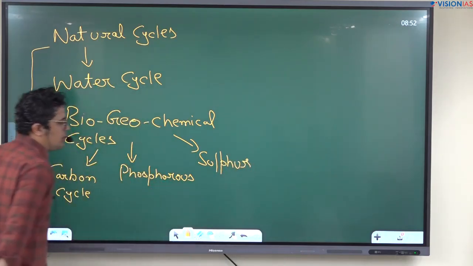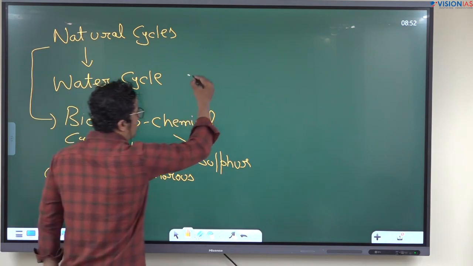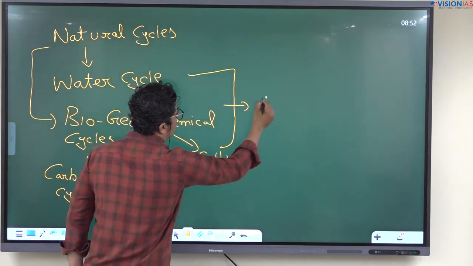They all are natural cycles which exist in nature: how carbon circulates, how phosphorus circulates, how sulfur circulates. Randomly pick any one of them and look into its details, and you will find one thing common in all of them.